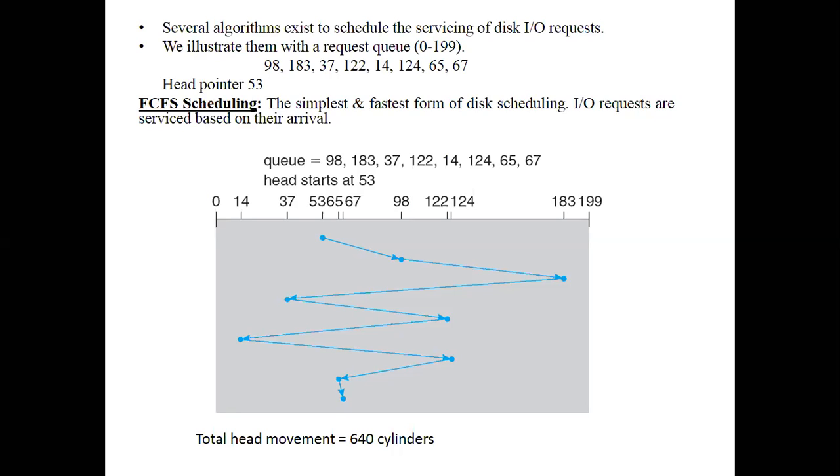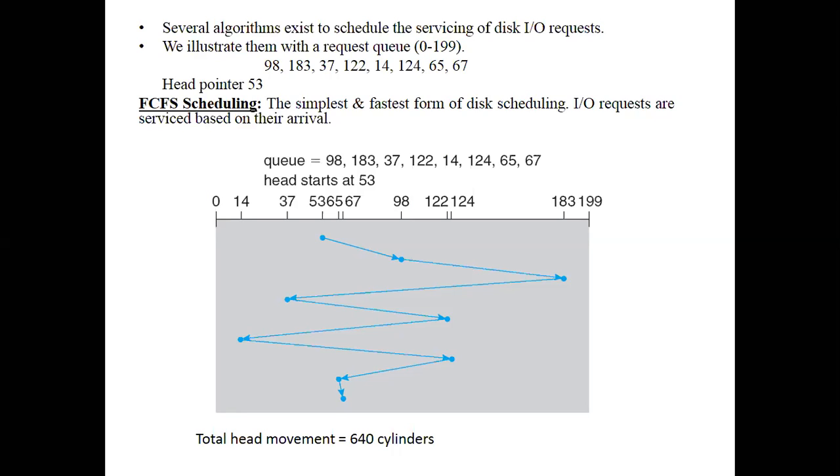The same principle is applied here also. It is a very simple and fast algorithm. Here the IO requests are serviced based on their arrival. That is, in the queue, all the requests are satisfied based on their arrival.